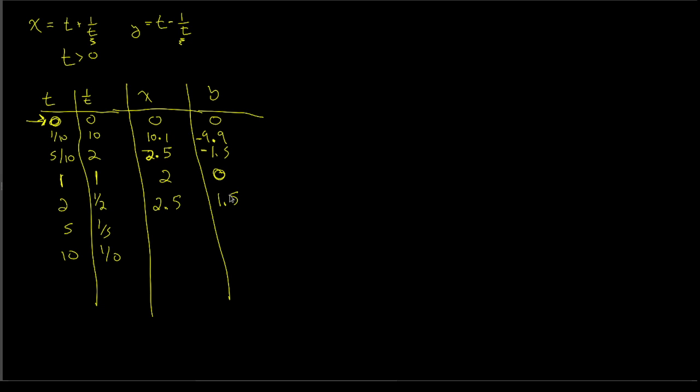Looks like there's some symmetry going on here. 5 plus a fifth is 5.2, and 5 minus a fifth is 4.8, and 10 plus a tenth is 10.1, and 10 minus a tenth is 9.9. Definitely seeing some symmetry in these x and y values here.